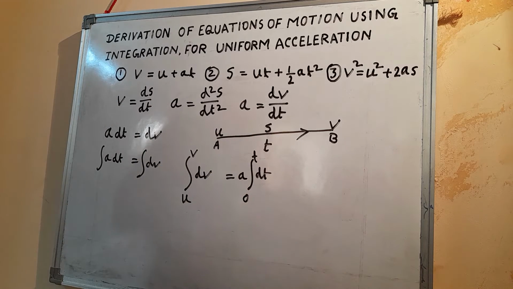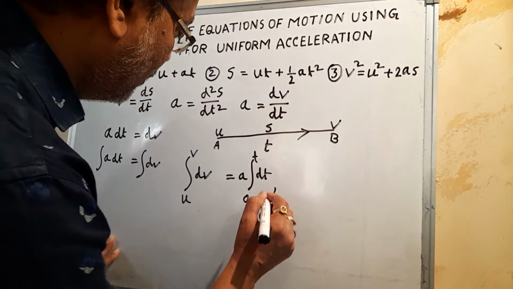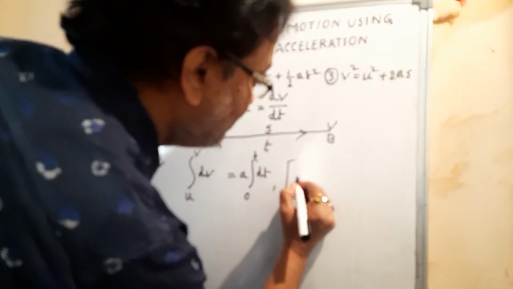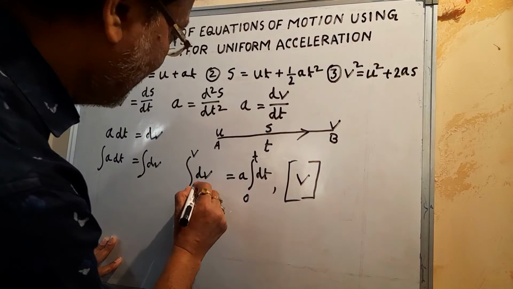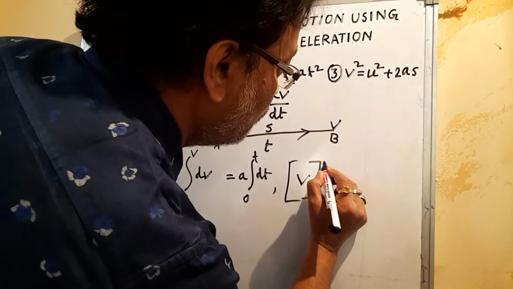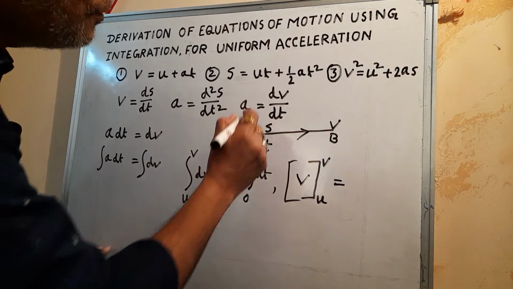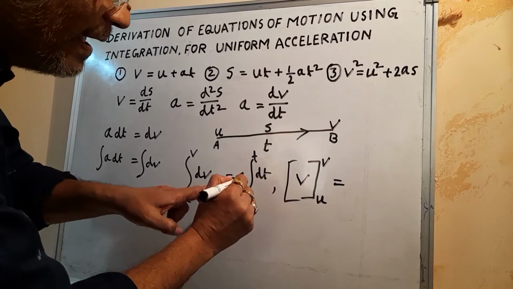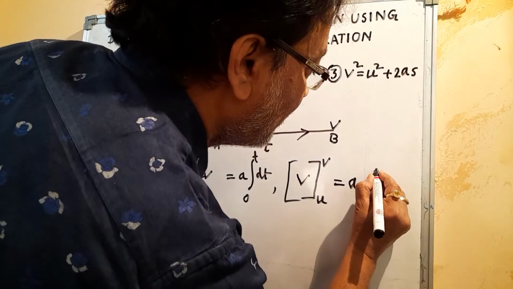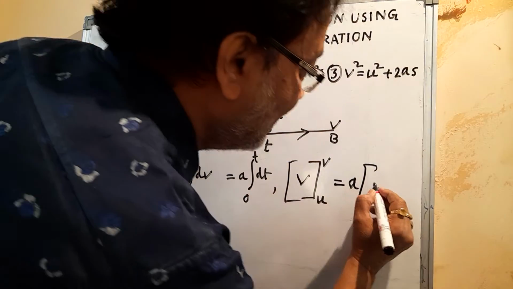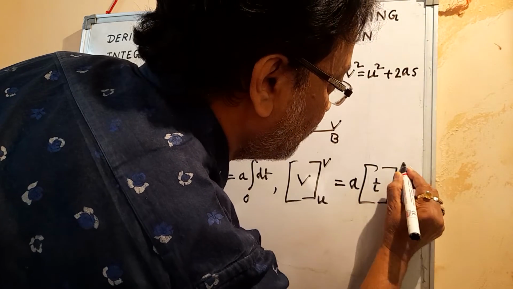After integration, v from u to v equals a times the integral of dt, because a is a constant for uniform acceleration, and the integral of dt is t from 0 to t.